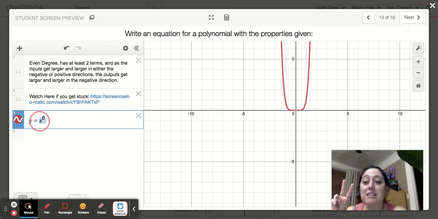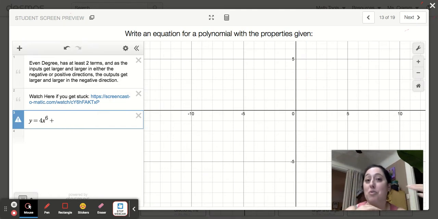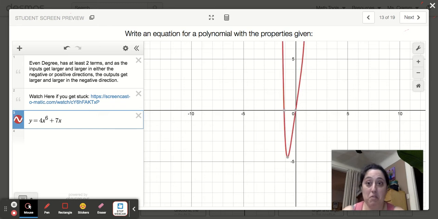Remember, this is considered one term. I can put a coefficient in front of it, still one term. So if I want 2 terms, I need to either add or subtract something to that. So I'm going to add 7x.